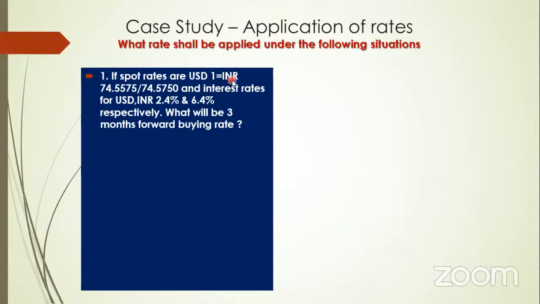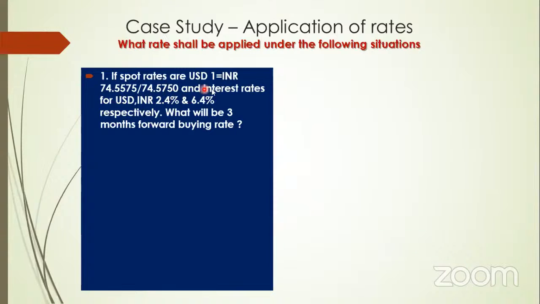Now, in spot rates, always this side will be lower, this side will be higher. Please remember, the spot rate is an interbank rate, not for customers. It is for one bank to another bank. One bank quotes, dollar is being purchased at this rate and sold at this rate. Always they quote in such a way: buy low, sell high.